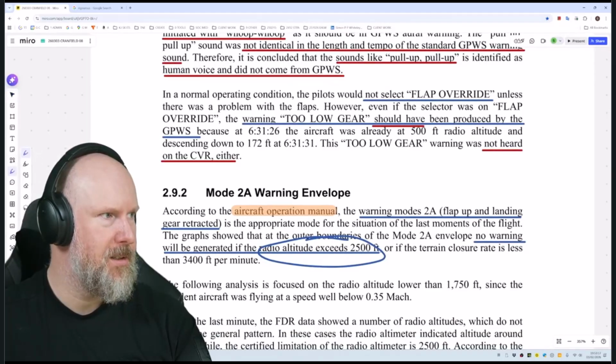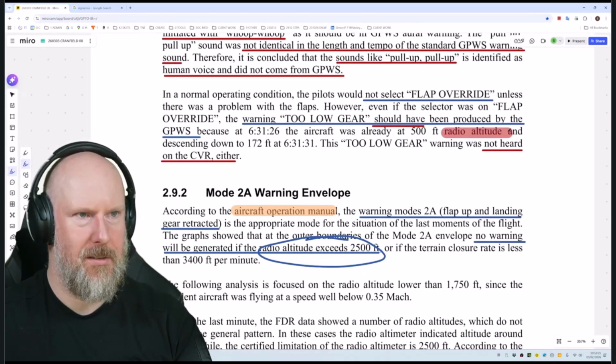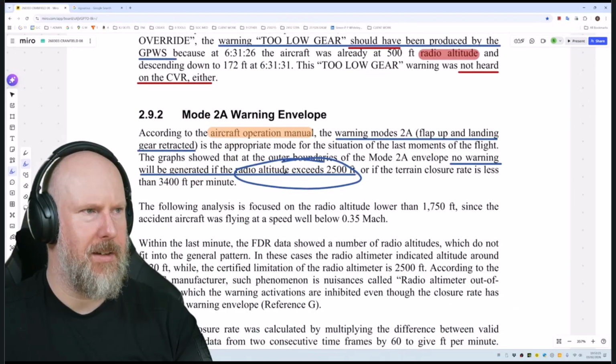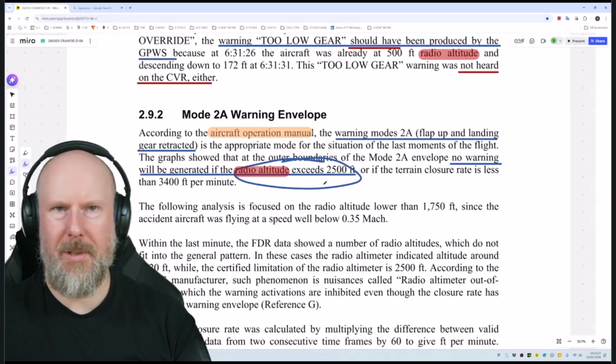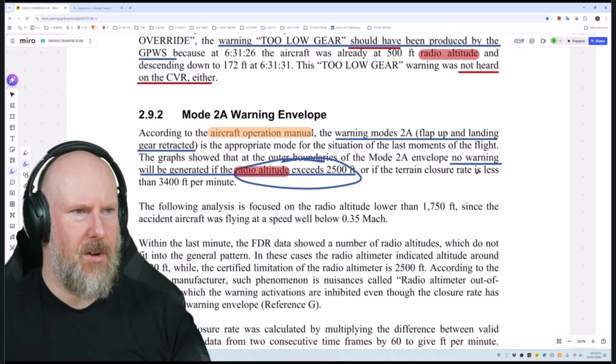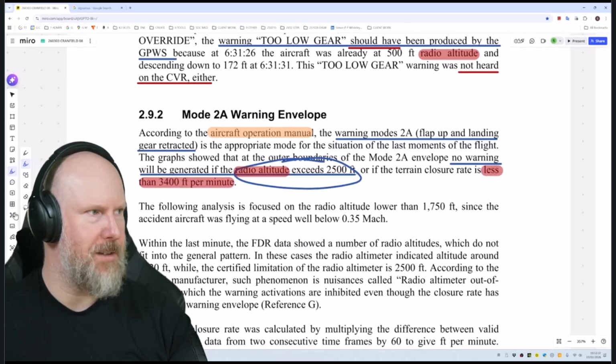So let's make a note of that, radio altitude there. Radalt, radio altitude, there we go. So not pitot-static related. Exceeds 2,500 feet, or if the terrain closure rate is less than 3,500 feet.